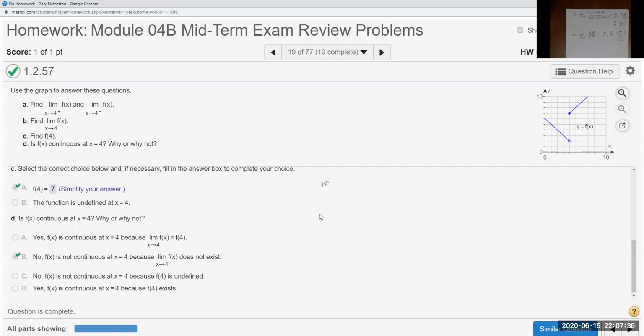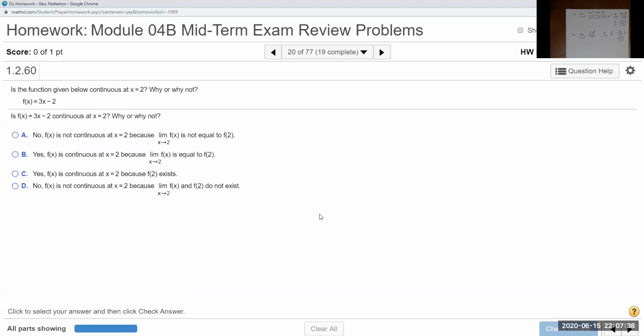All right, let's see what we have next. All right, so let's go and do this because now we're checking continuity of a function, but we don't have the graph. All we have is the function. So I'm going to go and write this down.